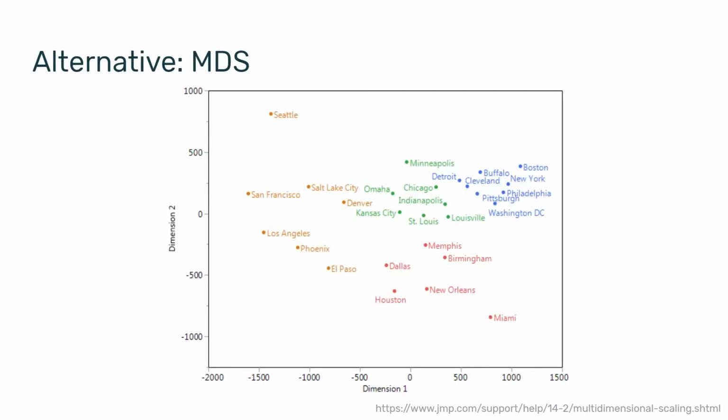This is an algorithm called multidimensional scaling. It's a method that's been around for several decades now, and in many ways, multidimensional scaling is the older sister to principal component analysis, or PCA. In multidimensional scaling, we supply the method with the distances between all of our points or all of our clusters.